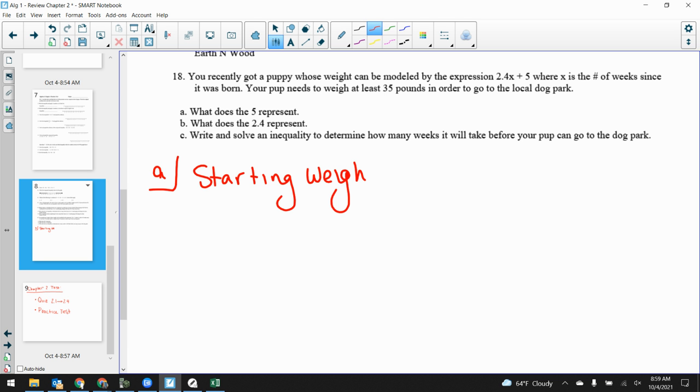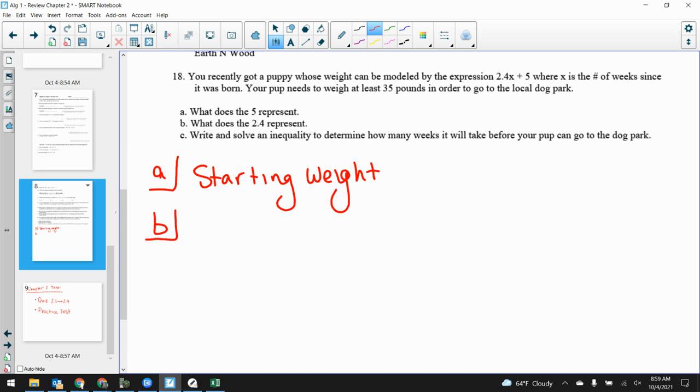Guys, every time we do one of these problems, the piece without the variable is always the original amount. It's always the original amount, the starting value. Whether it was the amount of inches the flower has already been, or I don't know how many of these examples we've done, that's the same thing. The starting weight, the starting value.